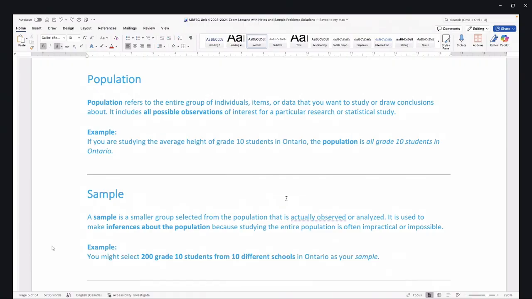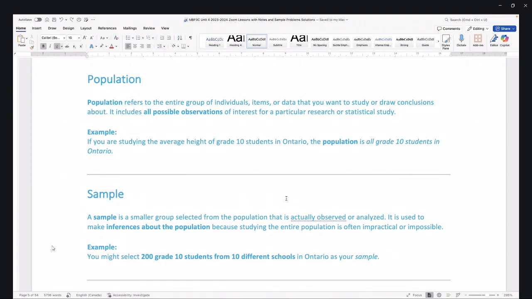So I can say there's several million grade 10 students in Ontario, and I'm only going to, let's say, work with 1,000 of them. And then based on that information from those 1,000, in this case, we're looking at 200. You might select 200 grade 10 students from 10 different schools in Ontario as your sample.